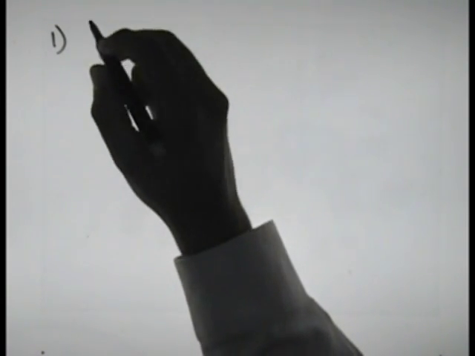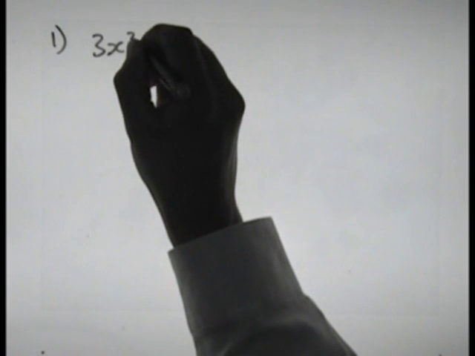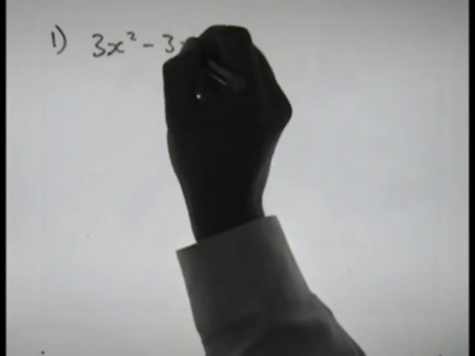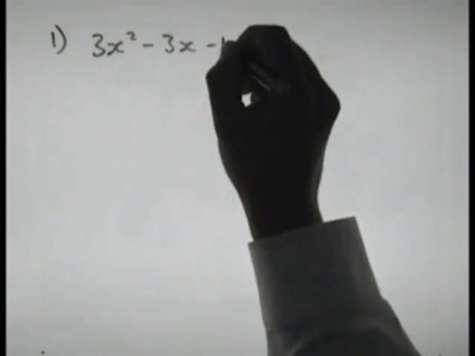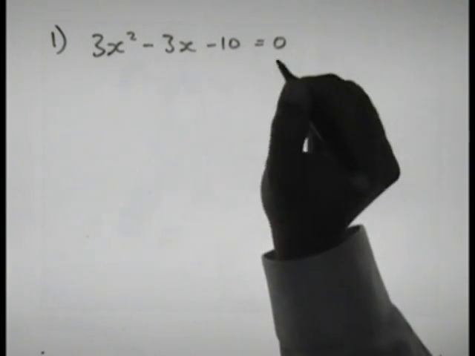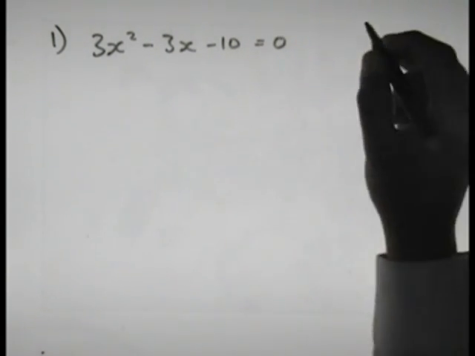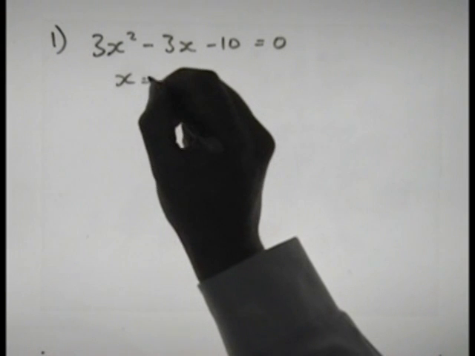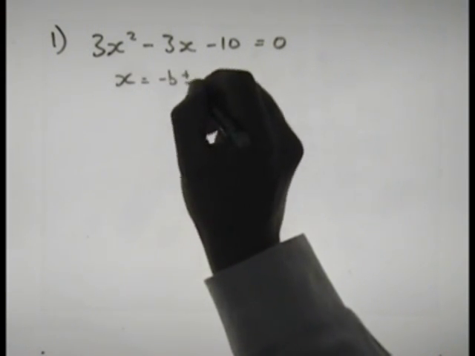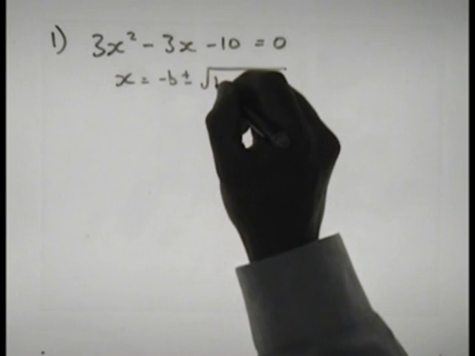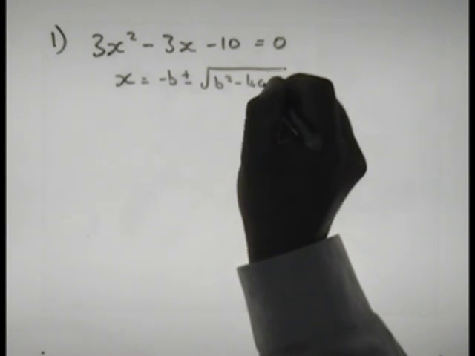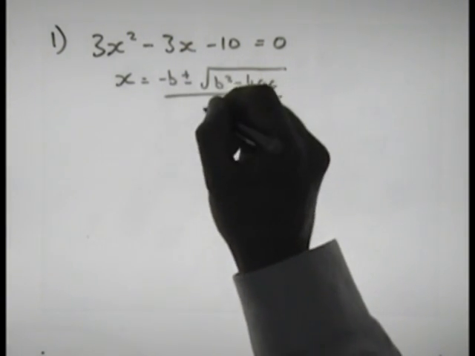The first quadratic formula expression I gave you was 3x squared minus 3x minus 10 is equal to 0. Remember that the quadratic formula is x is equal to minus b plus or minus the square root of b squared minus 4ac, divided by 2a.